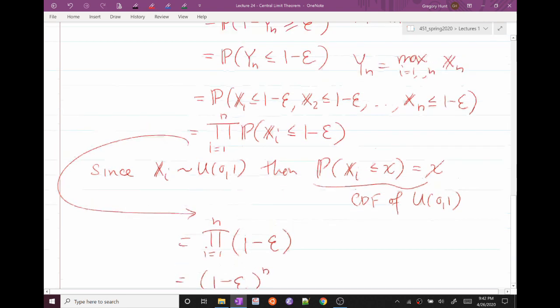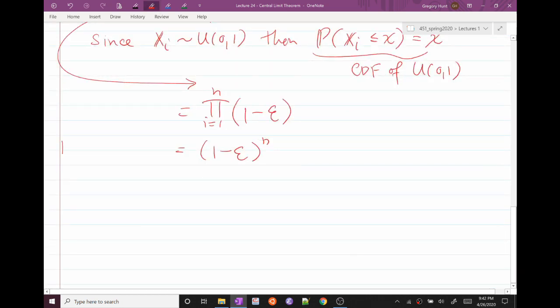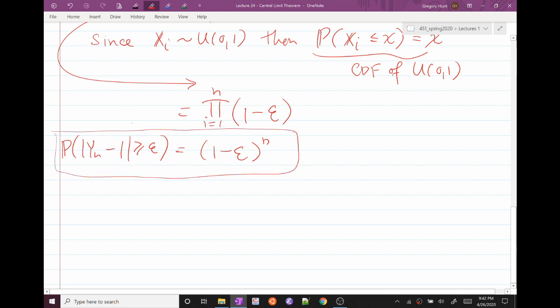And so what we're calculating here, if we recall from up here, is the probability that |Yn - 1| is greater than or equal to epsilon. And what we've shown is that that is equal to (1 - epsilon) to the n.